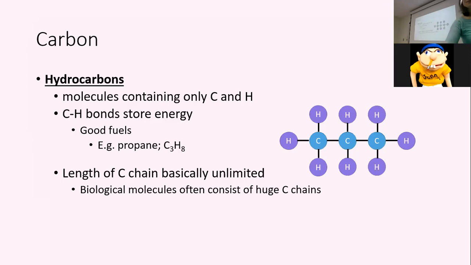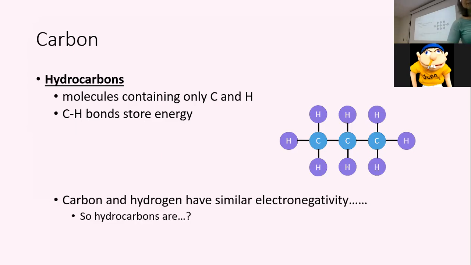All right, so side note, thinking about chapter 2 again, carbon and hydrogen have similar electronegativity. So hydrocarbons are what? How could we describe them? Water is made of oxygen and hydrogen. They have very different electronegativities. What's the adjective? It is a what molecule?